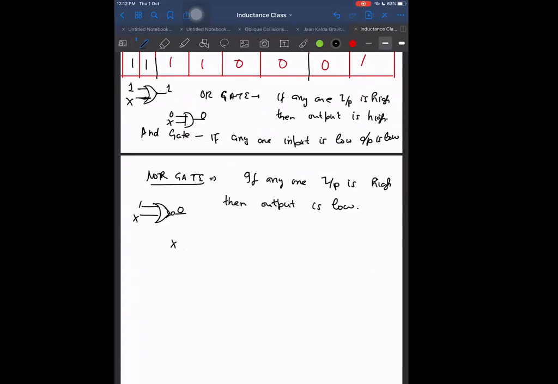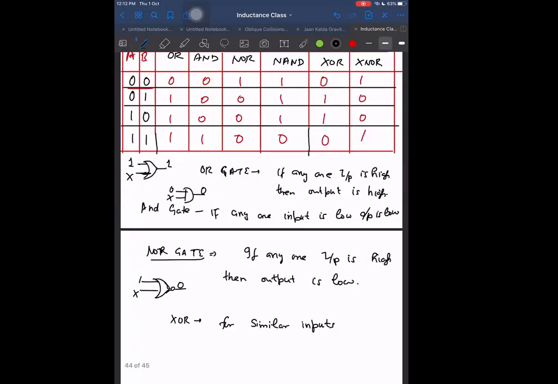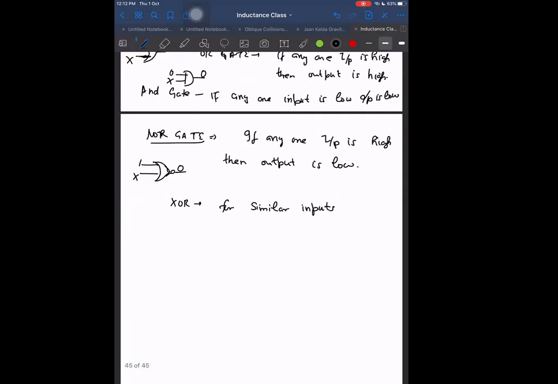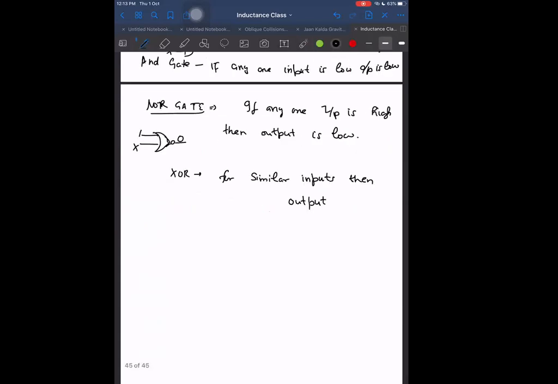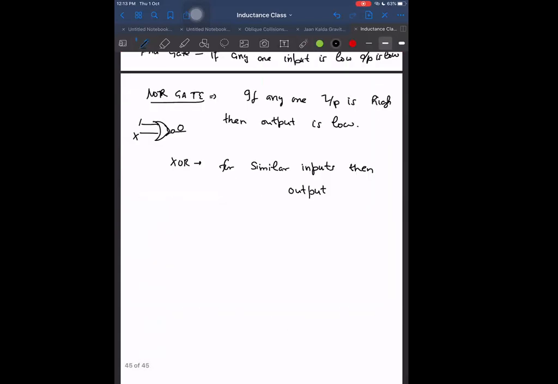How to tell XOR gate? What is XOR gate? For similar inputs, if inputs are similar, then output is 0. This thing I don't know, I just believed you only. Are you sure? I remember that if it is the gate then it has this only, but I don't remember suddenly whether XOR means this or XOR means this. I'm having confusion. You can check otherwise.